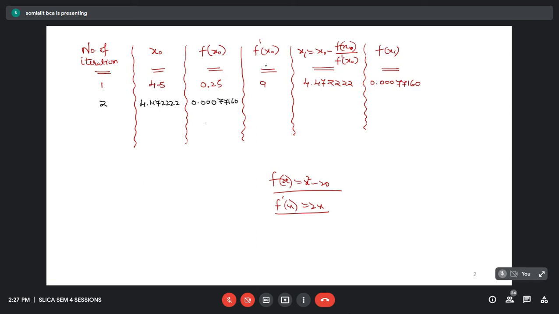f dash x0. Right. f dash x0 means what? Put this new x0 in the derivative. The derivative is here in front of you. So you just need to multiply this one with 2. We will multiply it by 2: 4.47222 into 2.